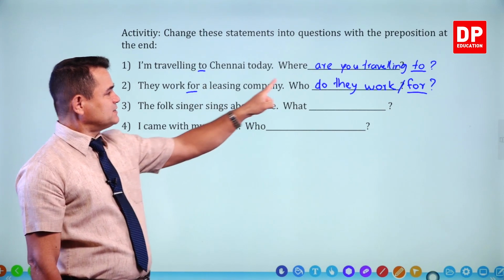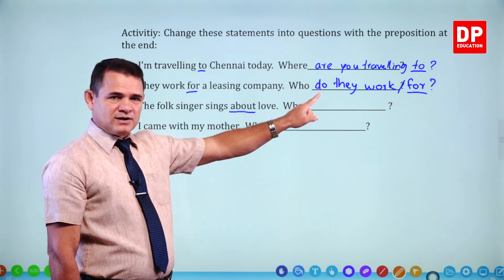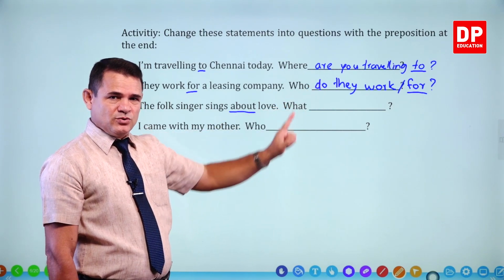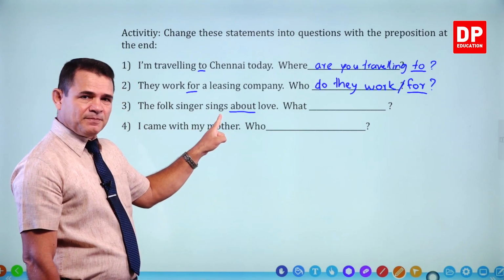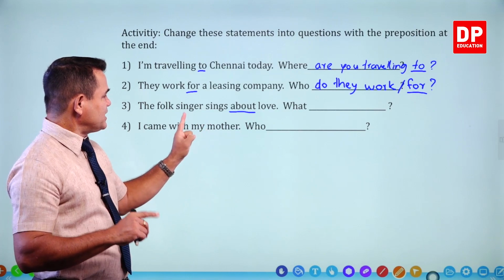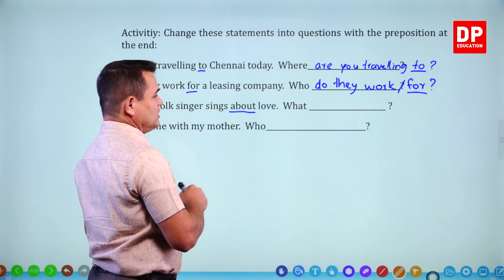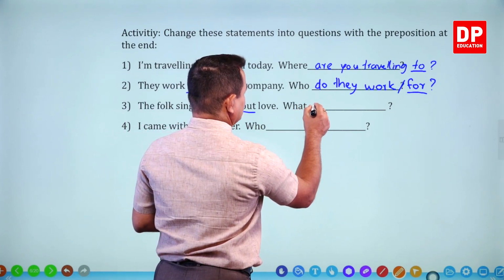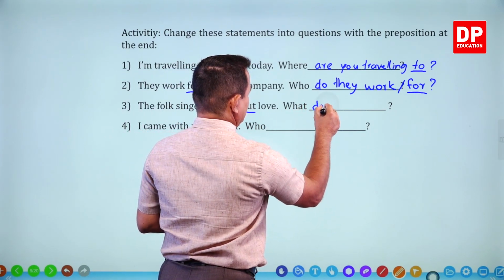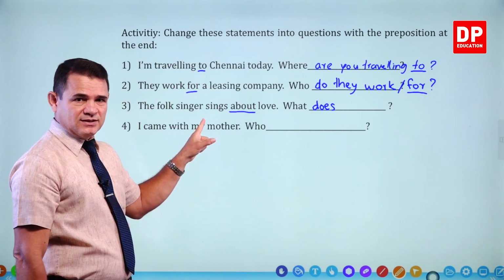This one is present tense singular. The previous one was present tense plural, that's why we took do. Since this is sings, singular, we can use what does the folk singer.